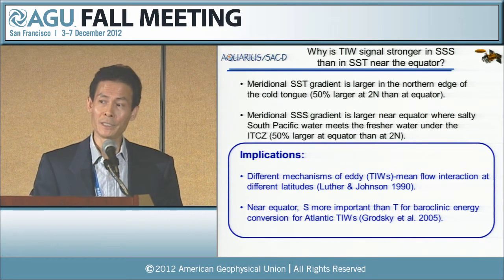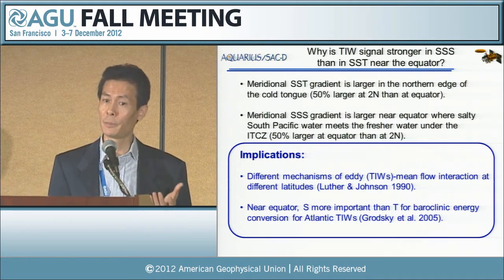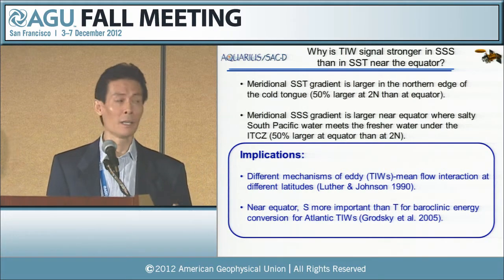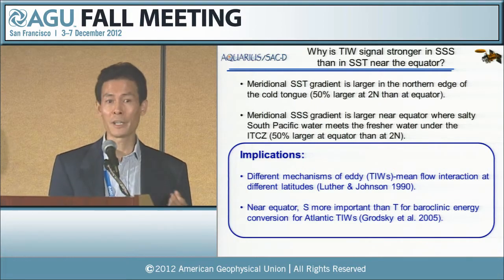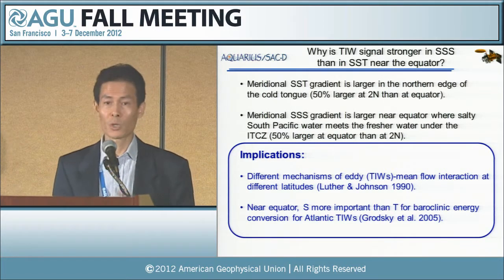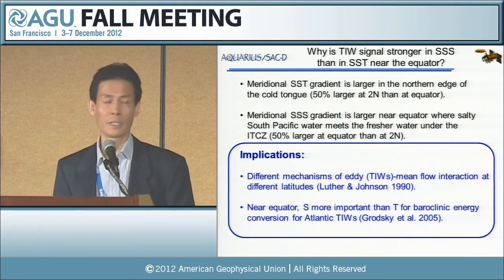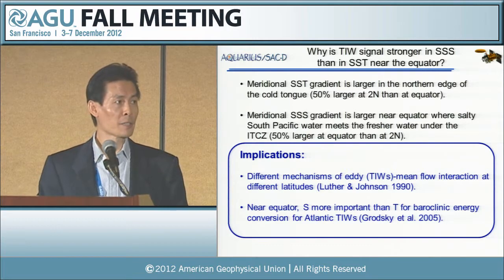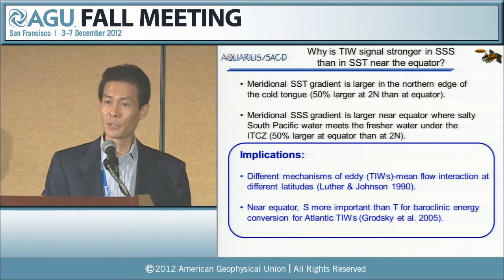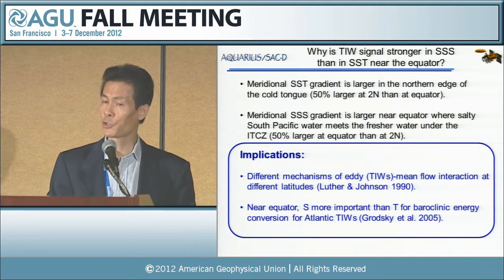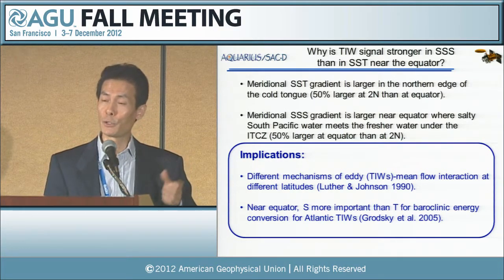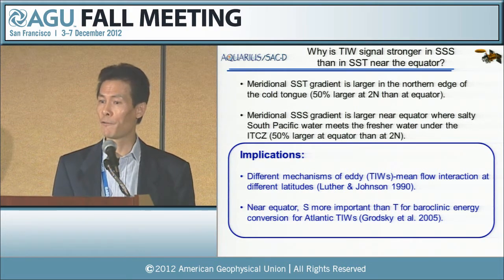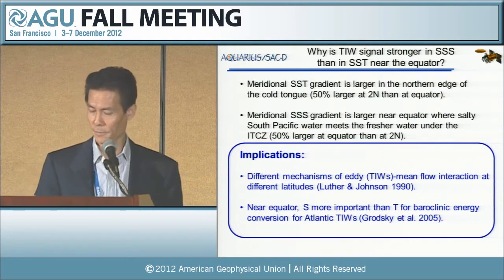So here at the equator, the fact that the salinity variability is substantially larger than the temperature variability means that the density variation associated with TIW, and thus the eddy mean flow interaction, is more controlled by salinity, not by temperature. In fact, Semyon Grodsky has a paper a few years ago using PIRATA data for the tropical Atlantic, showing that the baroclinic energy transfer, when you account for salinity, is larger than by the temperature effect by about 5 times, very substantial.